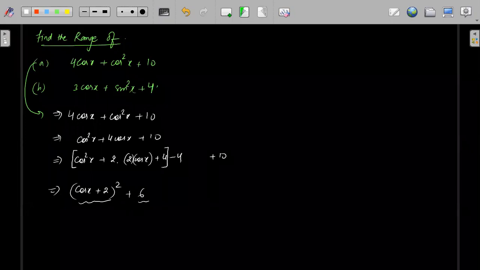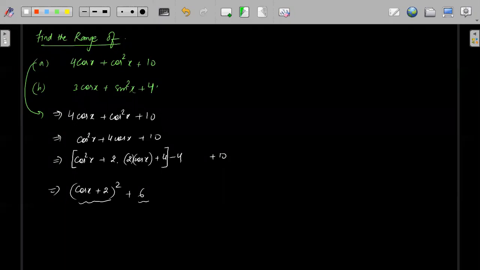Now see, this is a constant, and this is the thing which is variable. So let's find out the maximum and minimum value. The maximum value will be when the thing inside is maximum.